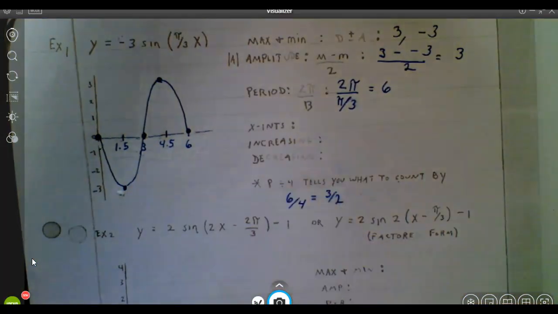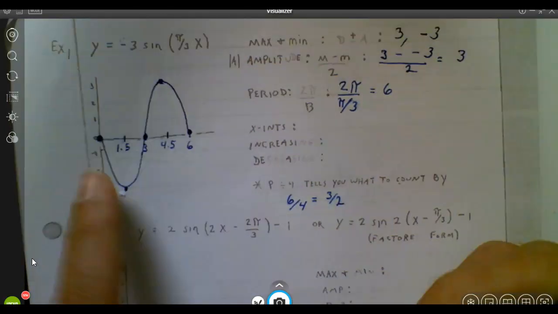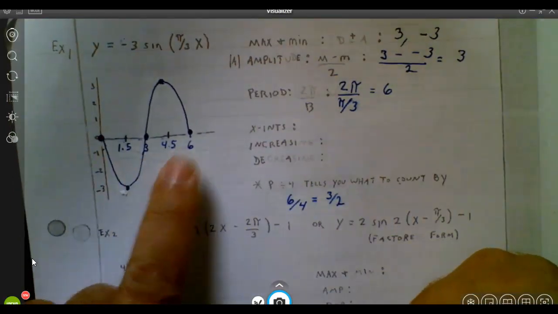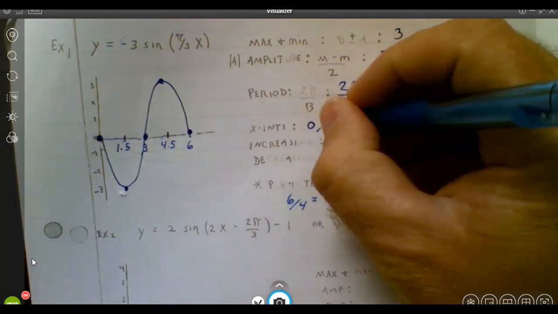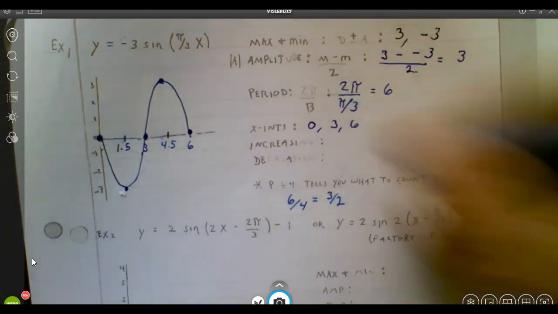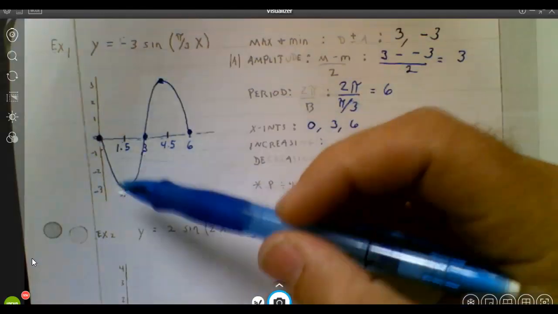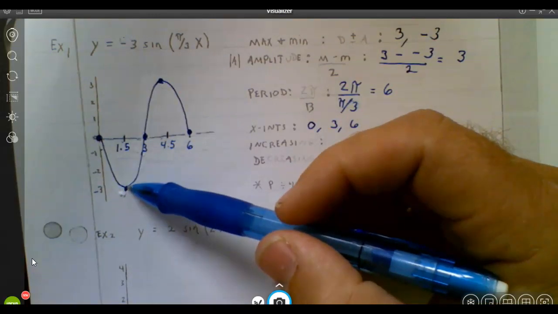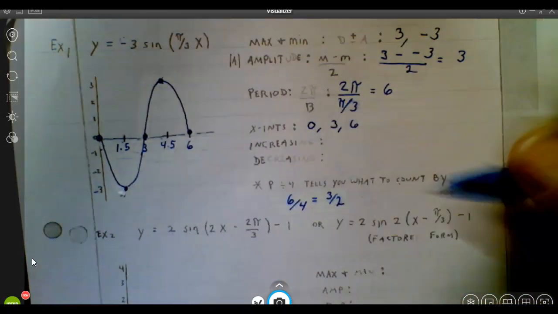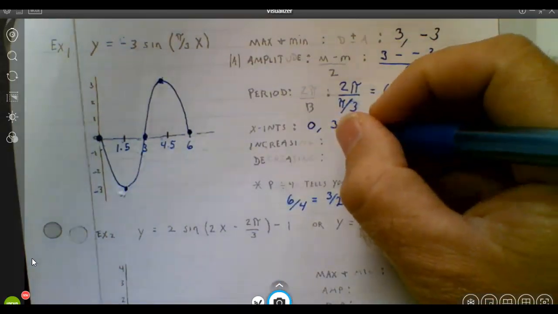As far as our x-intercepts, we can see they occurred at 0, 3, and 6. So it always helps, I think, to do those last. Increasing: we are increasing from, and look at the x values, from 1.5 to 4.5.